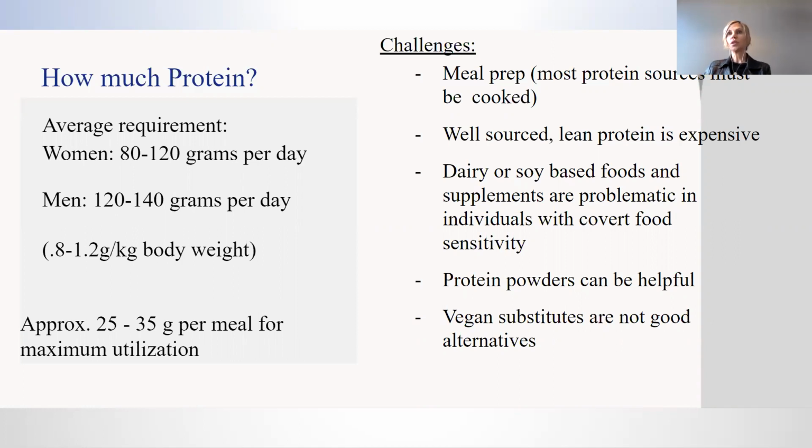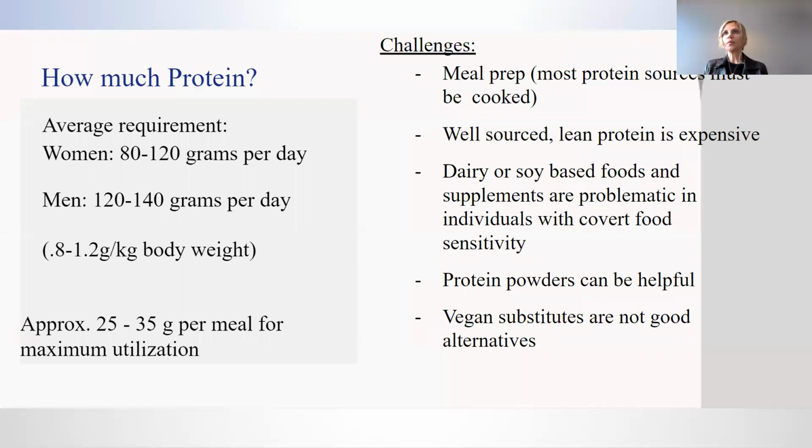And then the rest can be converted to fat and be stored as fat. So some research will argue with that, but I will just say over all the years that I've been learning about protein absorption and utilization, it really is ideal to break up the protein throughout the day.